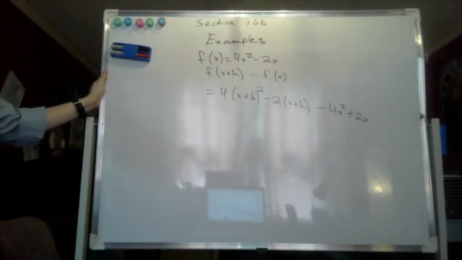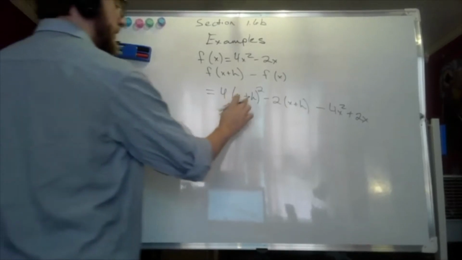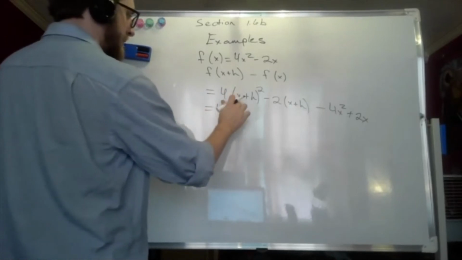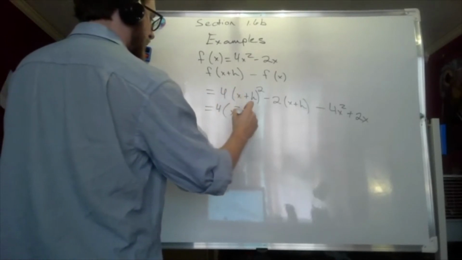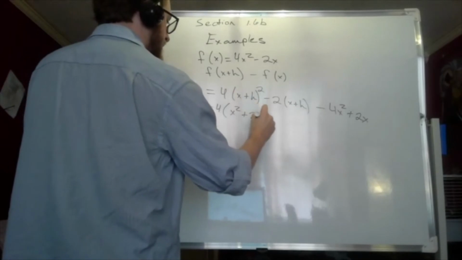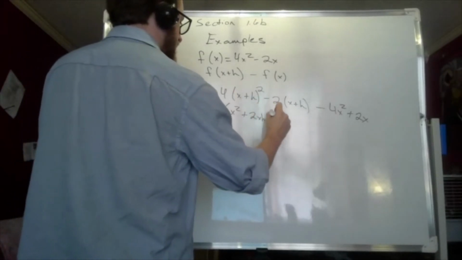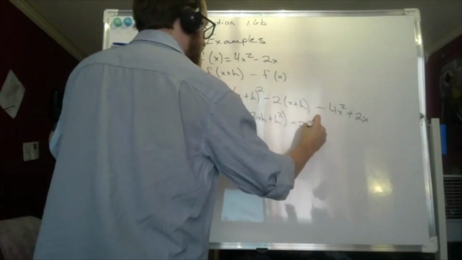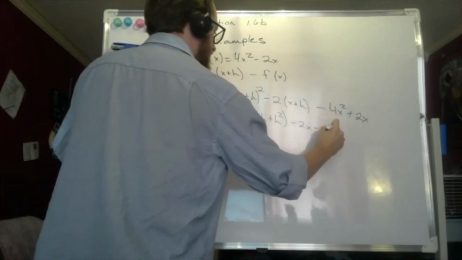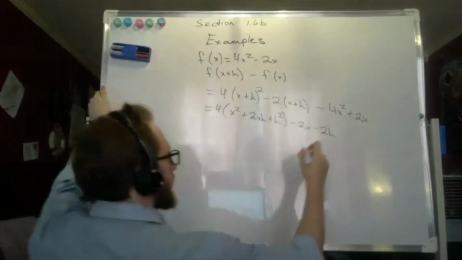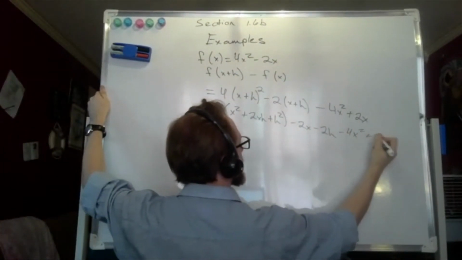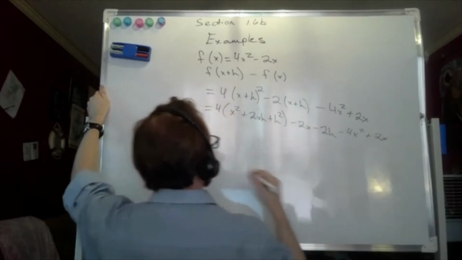Now we can start distributing, working through the algebra, and seeing if we can simplify this any. So we can start by squaring this, and I'll leave the 4 on the outside for now. So we've got x squared plus 2xh plus h squared minus 2x minus 2h minus 4x squared plus 2x.